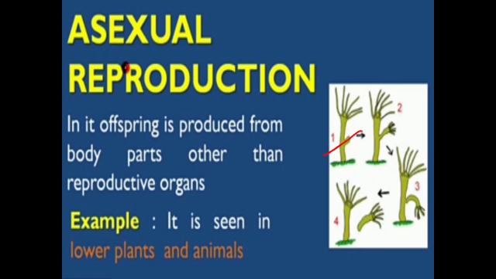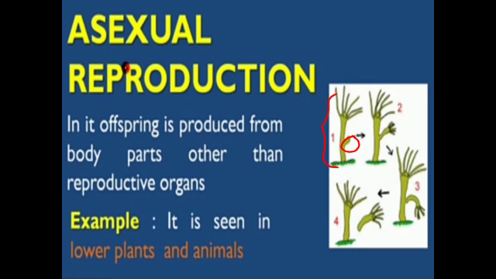Now, in each hydra, there may be one or more bulges, and these bulges are the developing new individuals, and they are called buds. You can see here, this is the parent hydra in figure 1, and a small bulge which is coming out from that hydra.